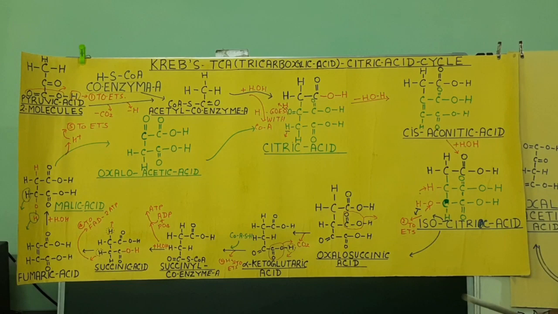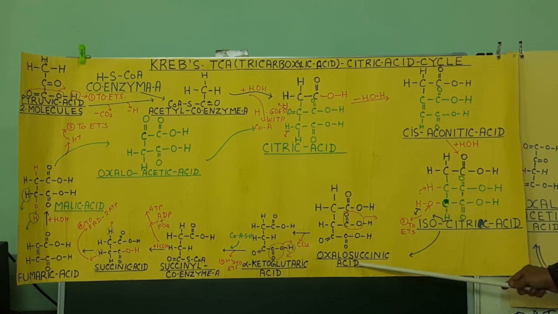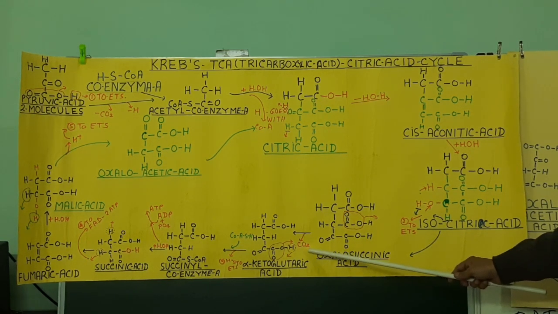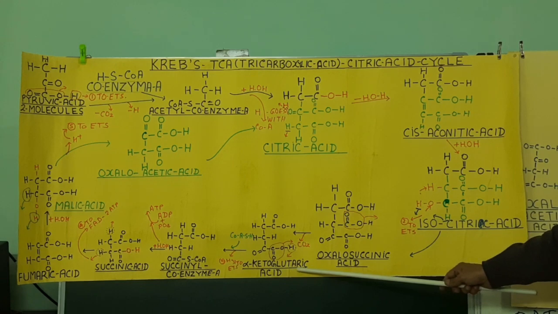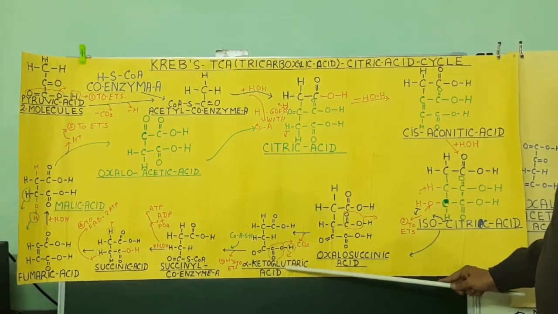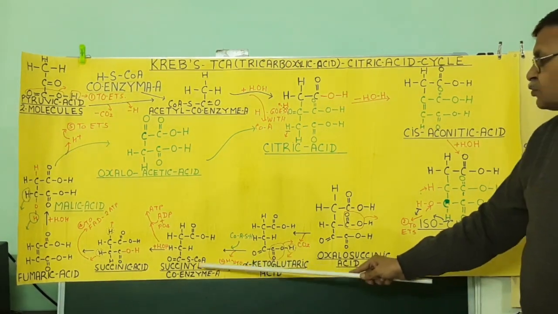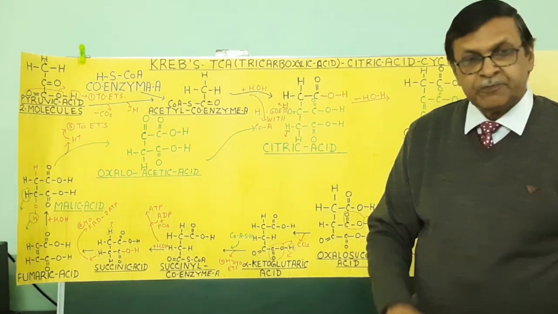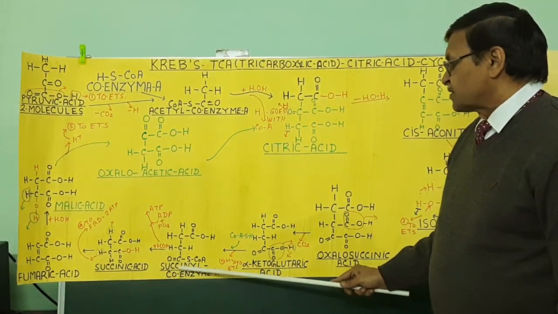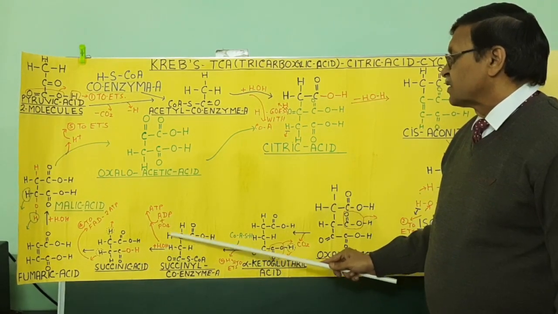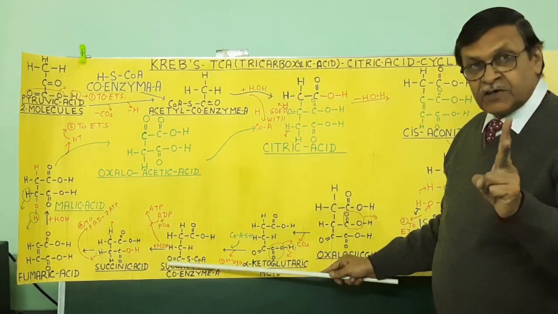Now in isocitric acid, there is dehydrogenation to form oxalosuccinic acid, and then there is removal of CO2 to form alpha-ketoglutaric acid. The third dehydrogenation takes place at the level of alpha-ketoglutaric acid to succinyl coenzyme A. Here one important point is that in between succinyl coenzyme A and succinic acid, there is substrate level phosphorylation.